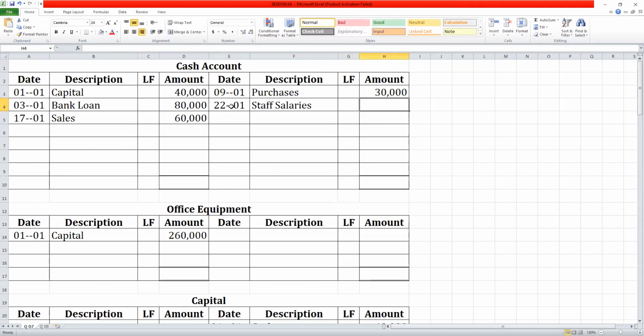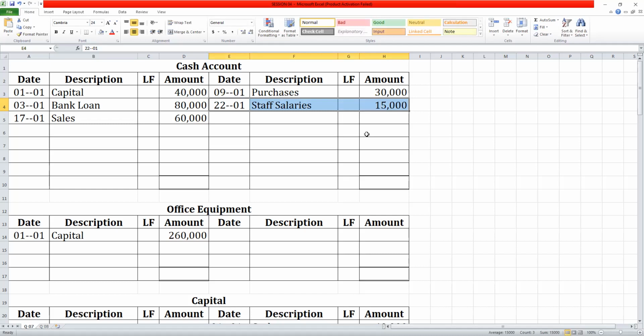Staff salaries 15,000. Always look at why this is debited and why this is credited. Cash account credits. Why? When you have made a payment, the balance of cash decreases, that means asset decrease is a credit.